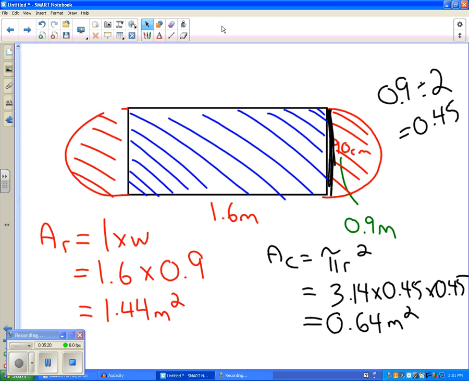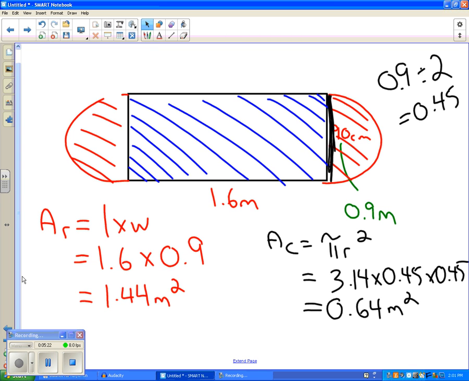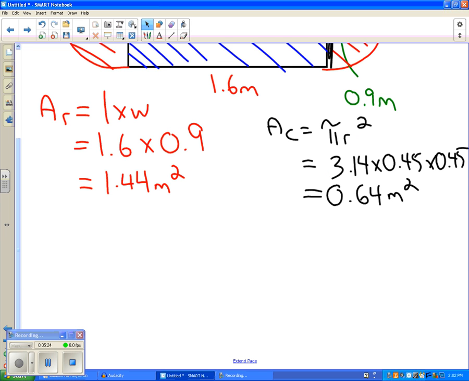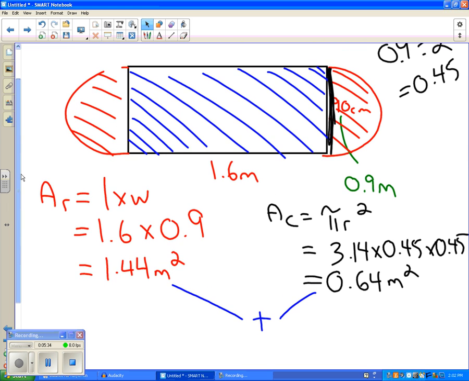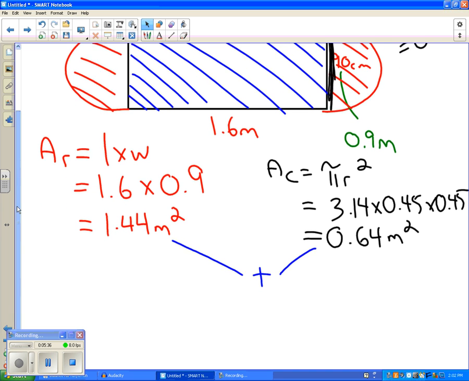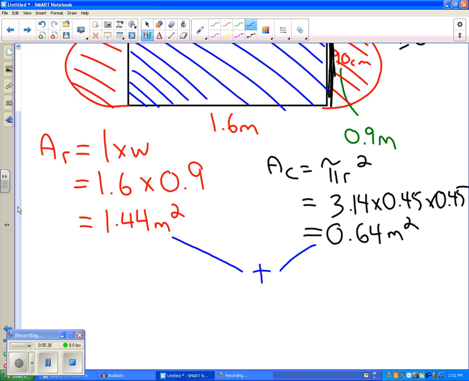So the 0.64 meters squared is the total area of our two semicircles. What we still need to do is add those two together, because that's our total shape. It's comprised of that rectangle in the middle and the two semicircles at the end. So let's add these together. Our total area equals 1.44 plus 0.64.